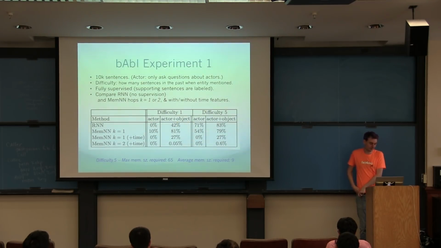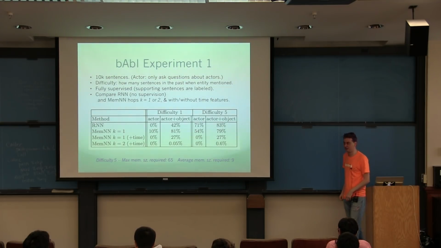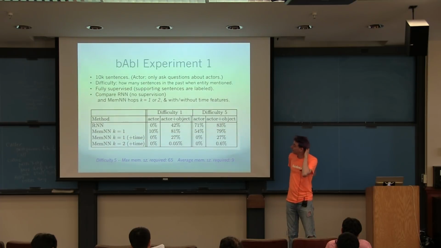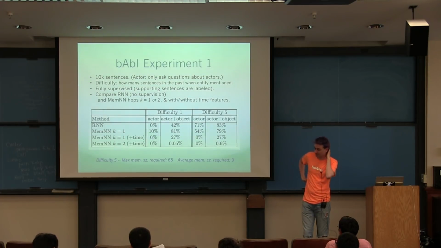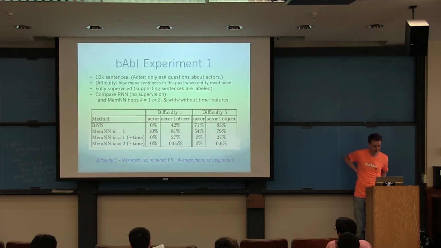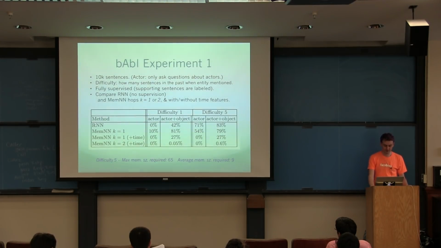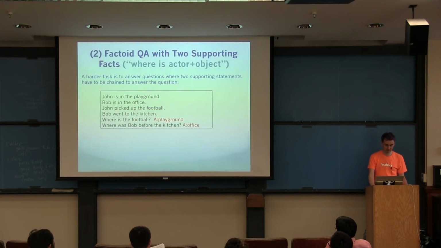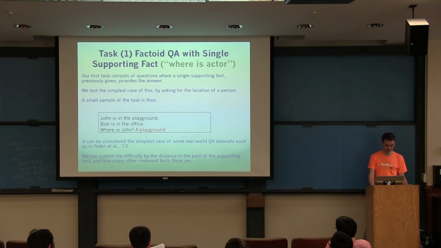So now to the simulation experiments. Here, what did we do? We took 10,000 sentences, and we took two different difficulty levels. I think I missed saying that back here.